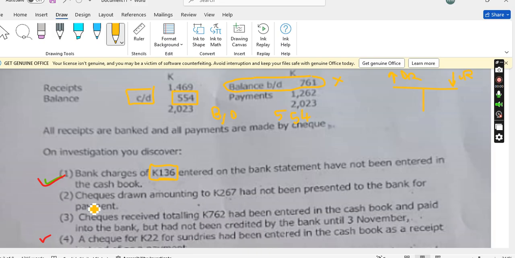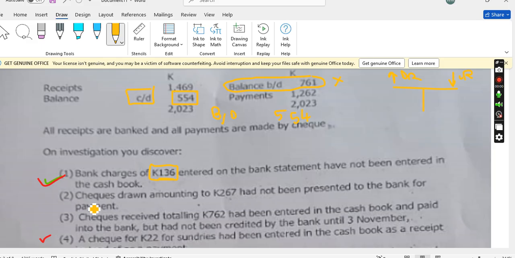So, sir, do we always have to ignore the... Because I can see here on number one, it says bank charges of 136 kwacha entered on the bank statement have not been entered in the cash book. So, do we still enter it regardless? We enter it regardless.